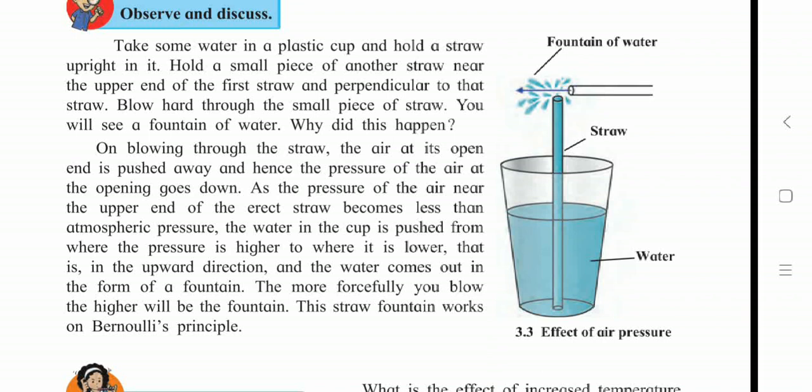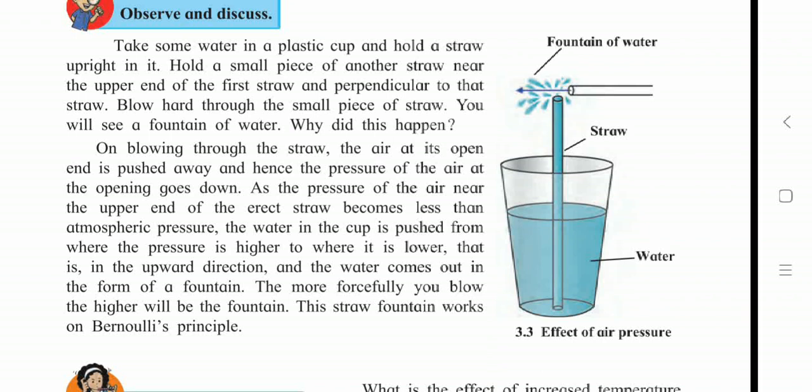What happens, student, on blowing through the empty straw? Blowing means फूक मारणे. The air at its open end is pushed away, and hence the pressure of air at the opening goes down. As the pressure of the air near the upper end of the erect straw becomes less than atmospheric pressure, the water in the cup is pushed from where the pressure is higher to where it is lower.